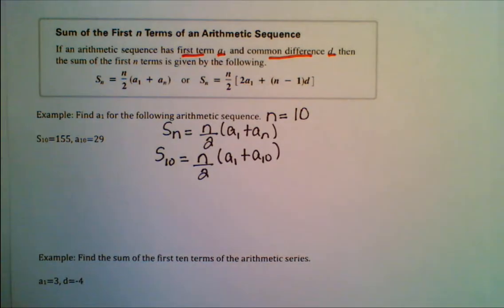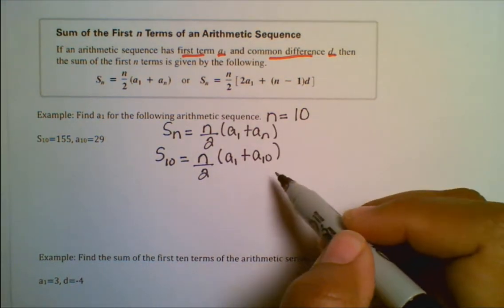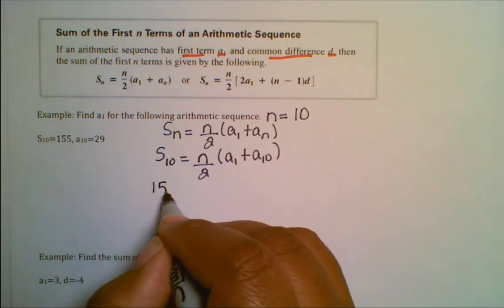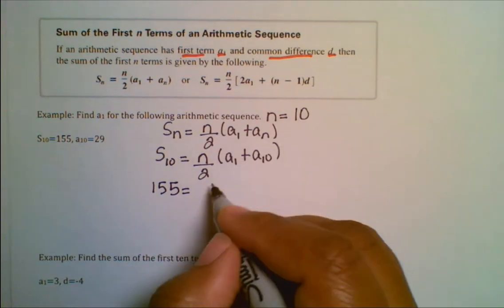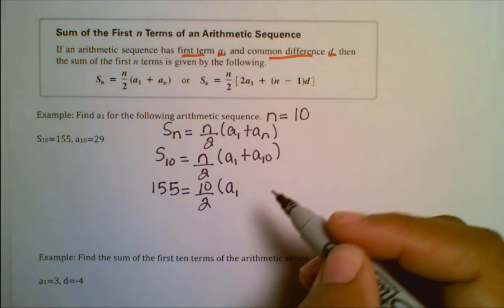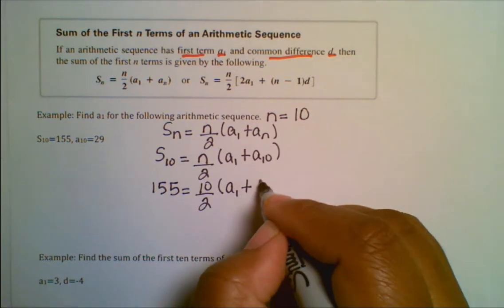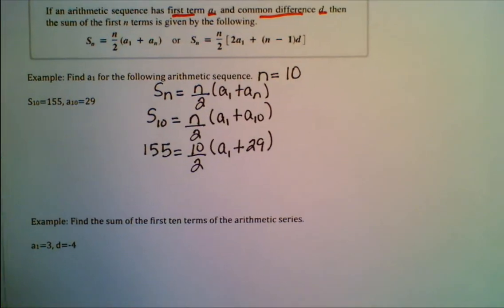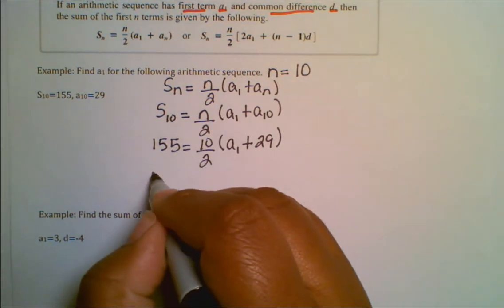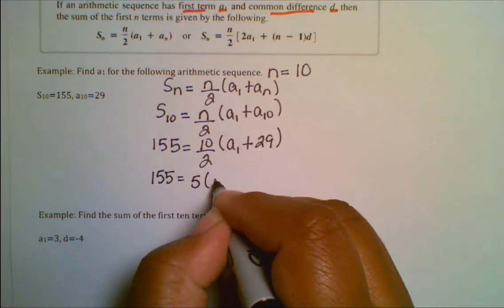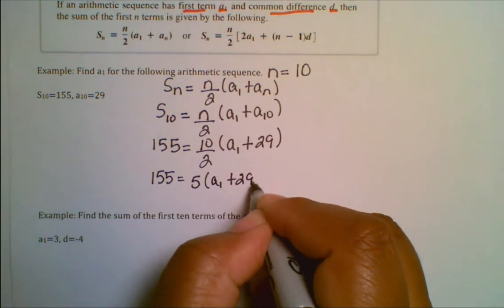That's our 10th term, term number 10. So here we go. S sub 10 is 155, equals 10 over 2, we don't know what the first term is, a sub 1 plus 29. Then we have 155 is equal to 5 times a sub 1 plus 29.